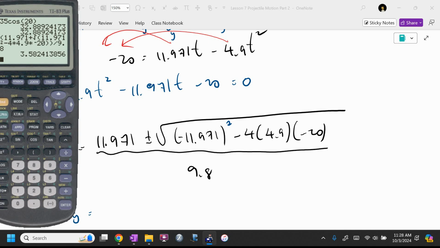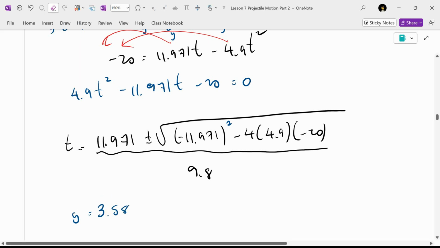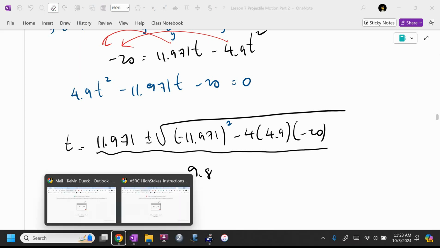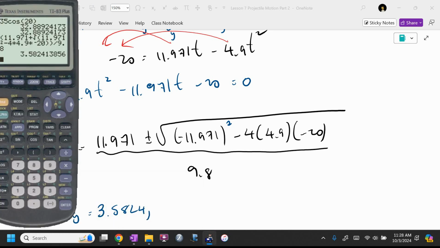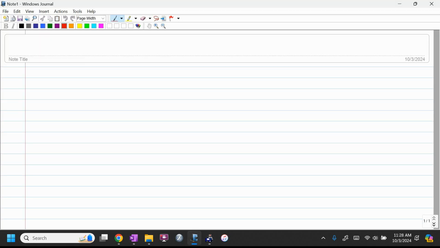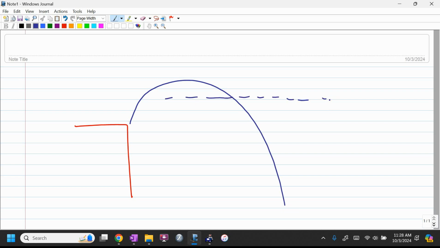Is it 3.5824? It is? Hey, 3.5824. And just to check, because sometimes there will be two roots and they're both positive, which means they're both legit. When would that happen? It would happen in this situation if a projectile was launched from a cliff at an angle like that, and you asked when it was that high, it's going to be that high twice.